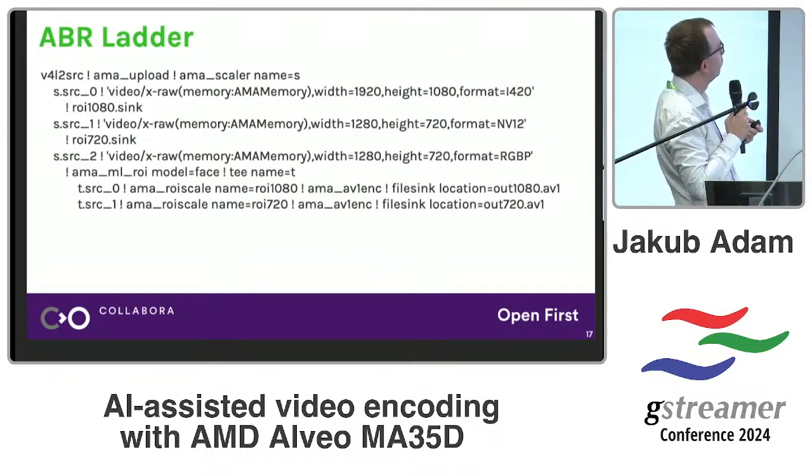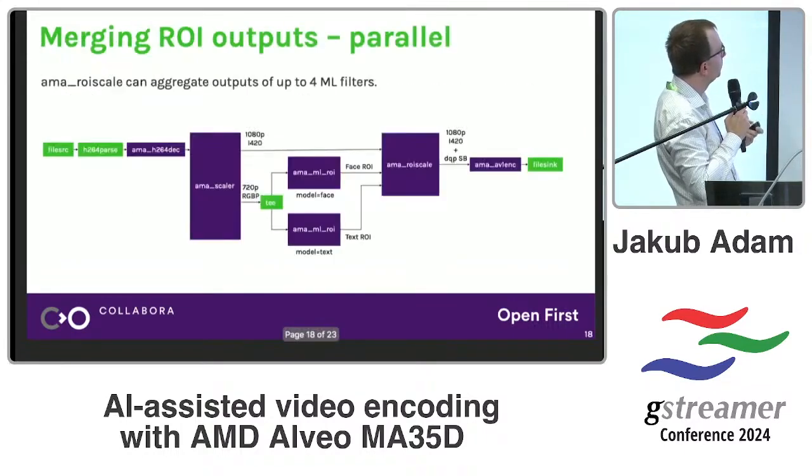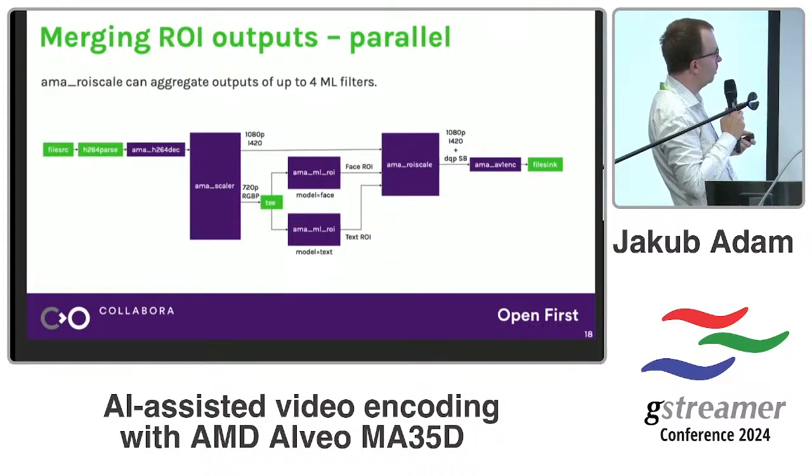Yeah, here we have the pipeline of the previous example. If you want to run multiple different ROI filters at one time, it's also possible either in a parallel mode, where you will feed the output of the scaler in parallel to two different models.